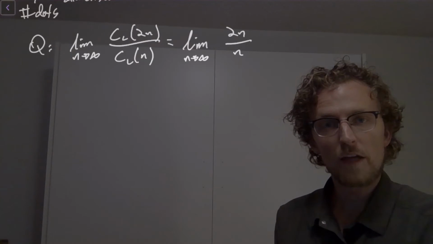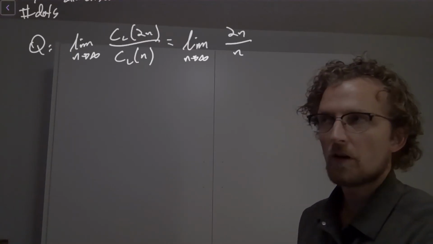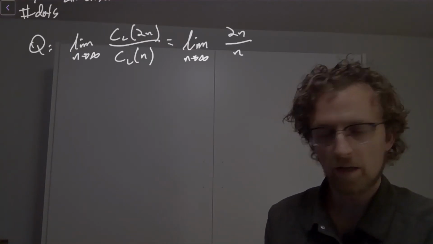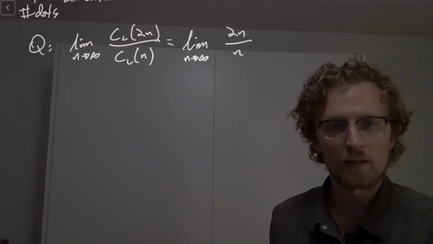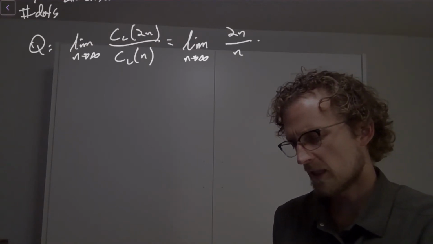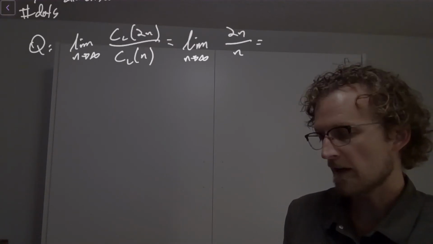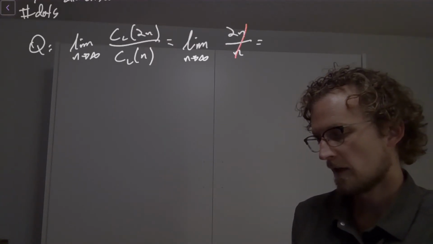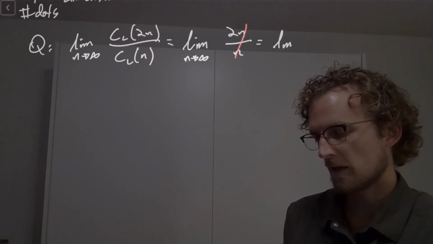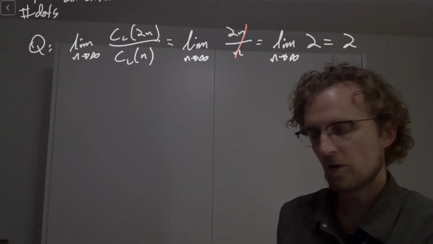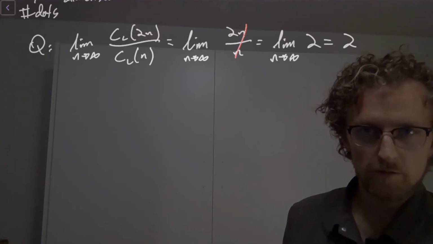A line of dimension 2n has 2n dots in it, and a line of dimension n has n dots in it. This is simple. The n's cancel, since they're both greater than 0, so you can just divide them. We just end up with the limit as n approaches infinity of 2, which is just 2.